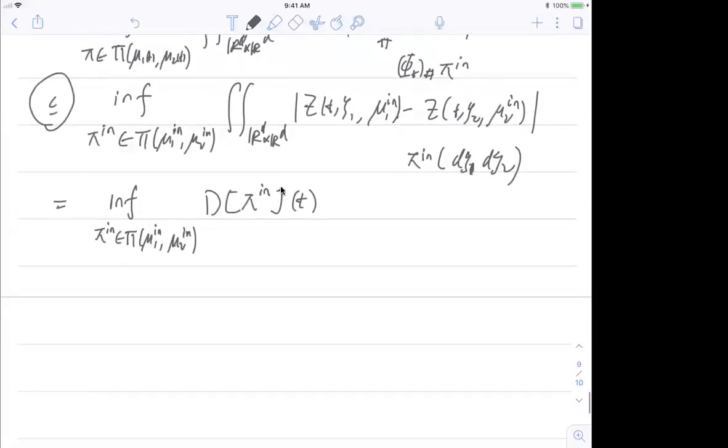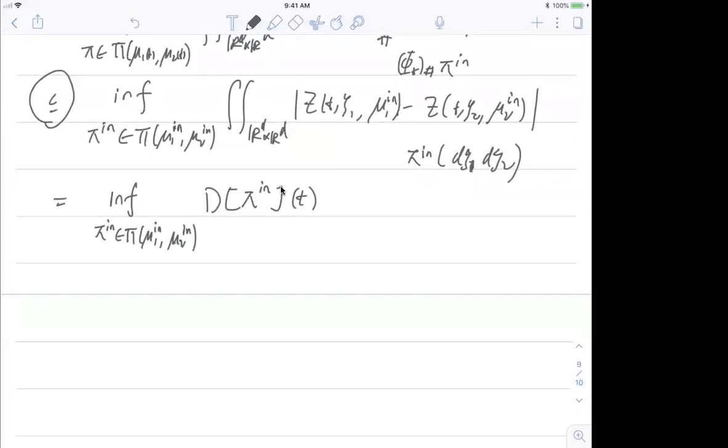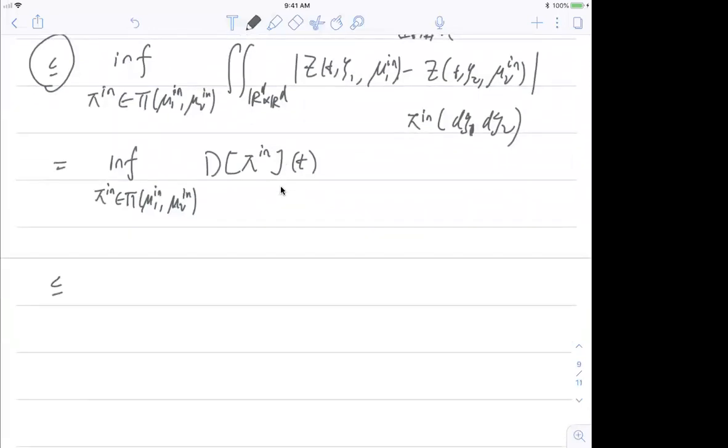And we can use the previous estimate, right? The previous estimate involving d pi initial is true for any coupling of initial measures. So we can control this.